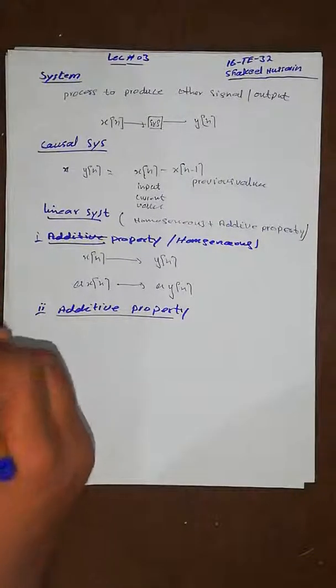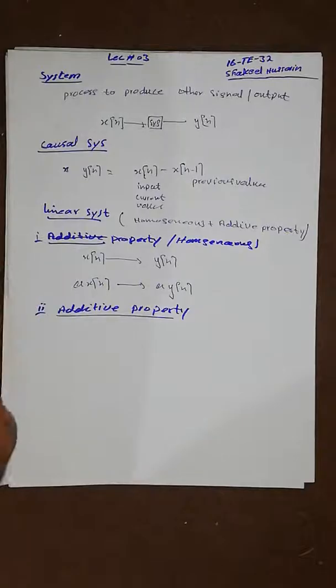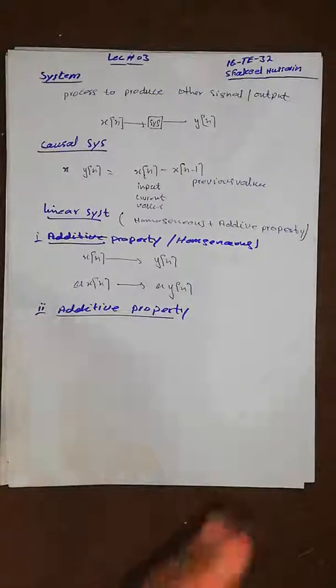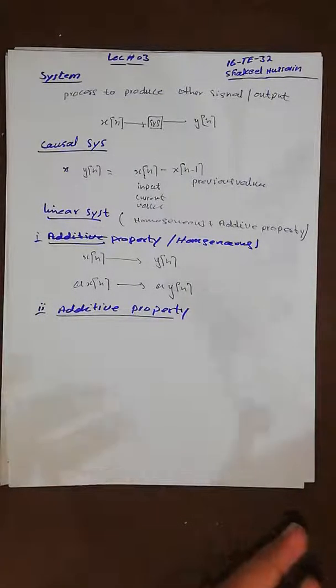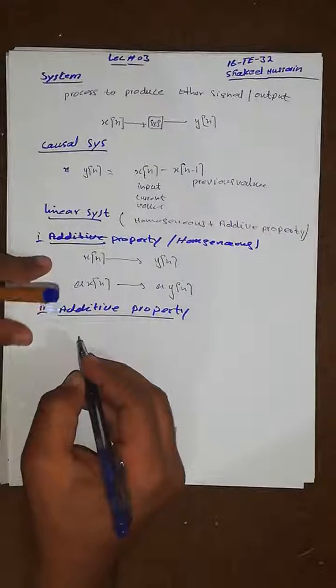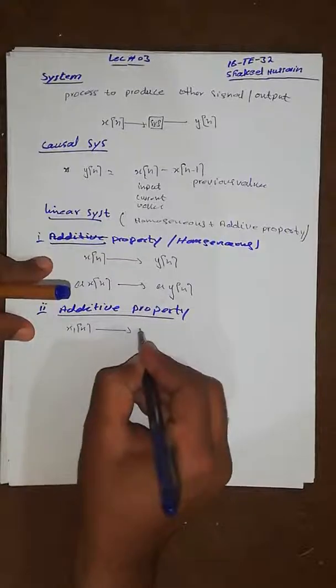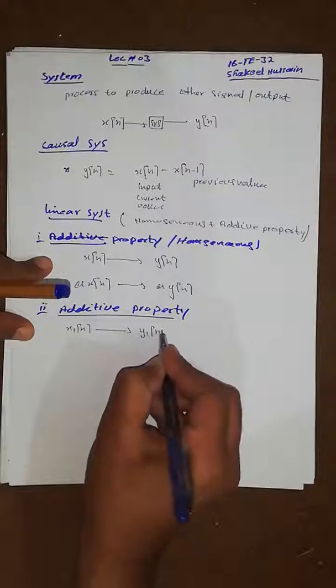Additive property: in this property, if two inputs, one input giving an output and the second giving another output, and we combine the two inputs and give them to the system, it gives the sum of the outputs of these inputs, then we can say that this is an additive property. Let's suppose x1 is the first input which gives the output y1 of n.